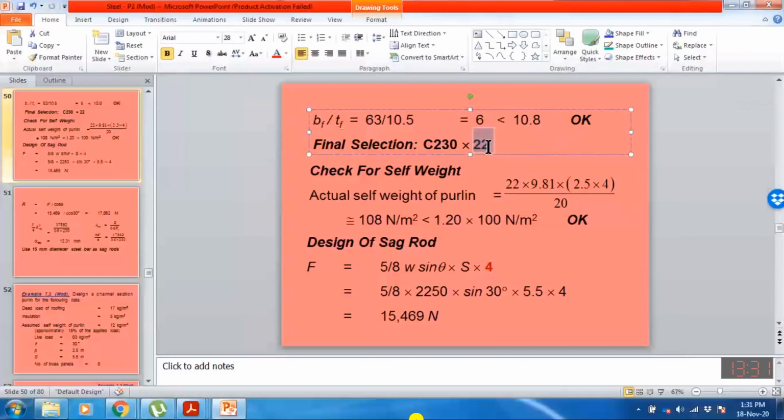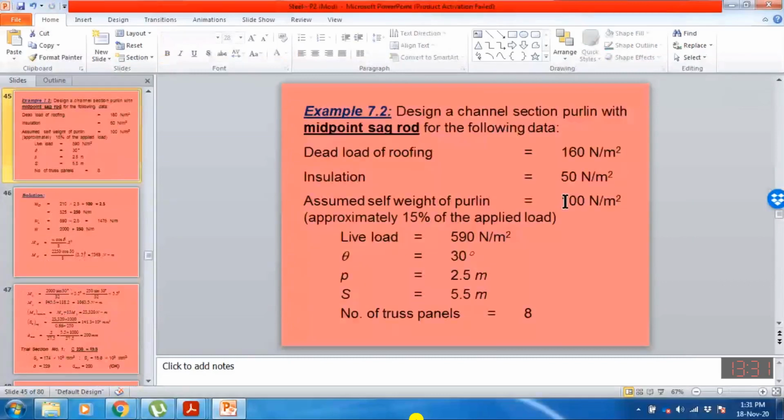This is the weight of the purlin, 100 Newton per meter square, as total load of the purlin over the total length. So how many purlins are we placing? Actually 100 multiplied by the total length of the truss divided by 2, then you can convert into a UDL load, or load acting per unit length.